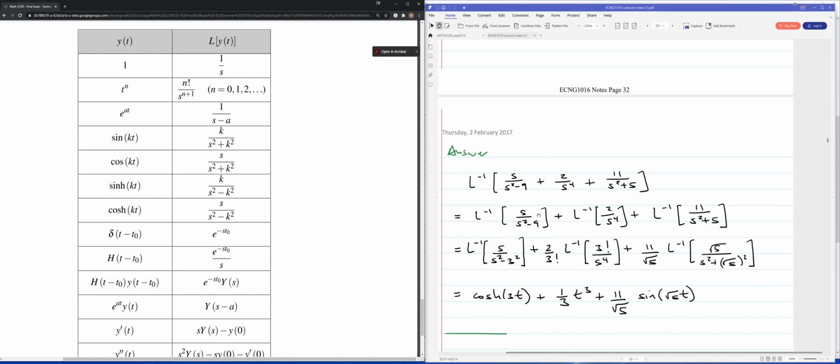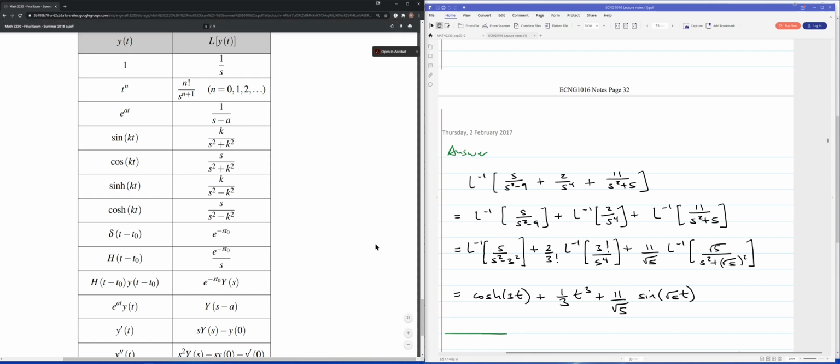Okay, so for this s on s squared minus 9, you look in your table and what I can use is this over here. The Laplace of hyperbolic cosine is equal to s on s squared minus k squared, which means that the Laplace inverse of s on s squared minus k squared is the hyperbolic cosine. So going backward from the s to the t, what I'm going to get is a hyperbolic cosine.